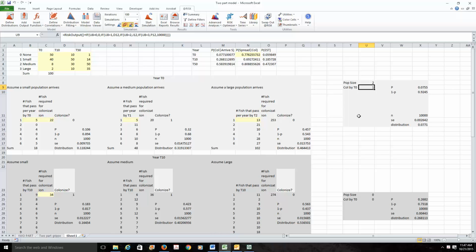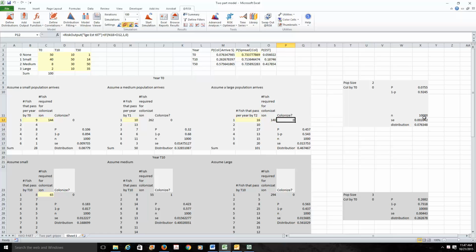It's a 2 again by chance, and we go back over here, and once again 2 is a colonize. So we copy that number. So what's going on in this cell here is the population size is simply directing us to choose whether we will use this value, or this value. Whoops, excuse me, this value here.